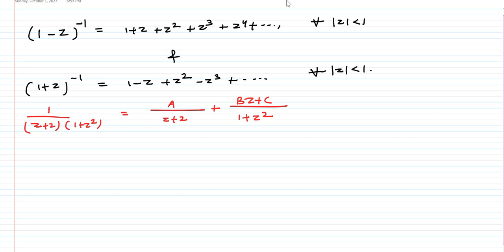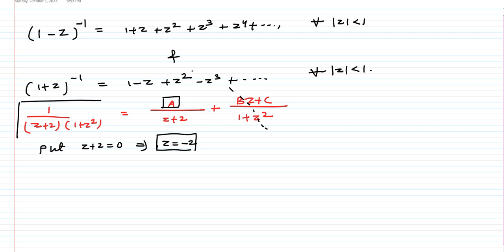So see here, for finding the value of a, we need to forget this term, so we need to put here z plus 2 is equal to 0. So now here the value of z will be negative 2. So now concentrate on the left hand side, the whole term. So we have to forget this term.